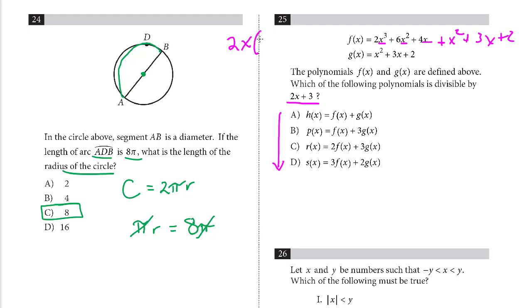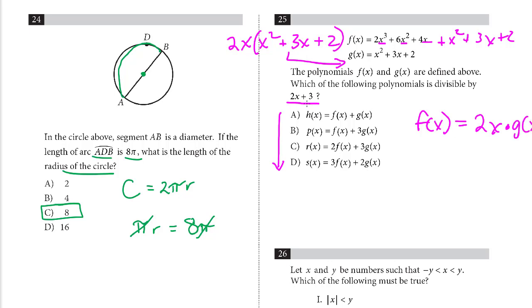That leaves me x squared plus 3x plus 2. Now, I might notice something. X squared plus 3x plus 2 is g of x. It's the same thing. So really, f of x equals 2x times g of x.